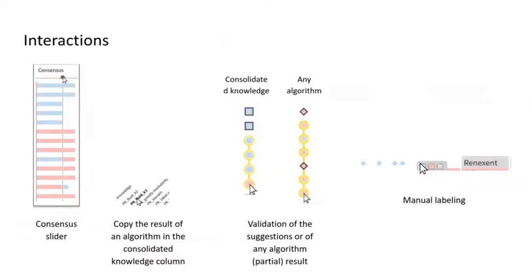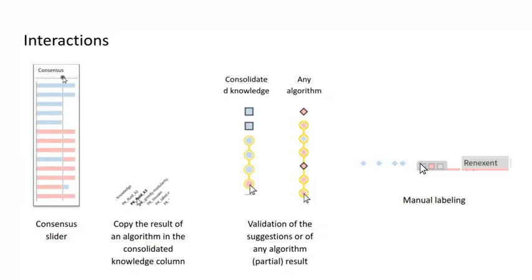So we implemented several interaction techniques to validate the suggestions and for the system to give suggestions. The first one is a consensus on the left. We show the consensus of the algorithms, and the user can specify a threshold to say, for example, that she wants suggestions based on a threshold of 90%.